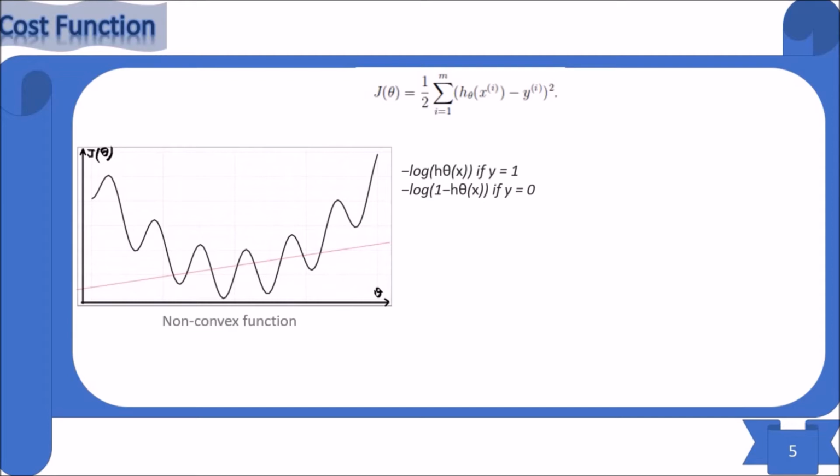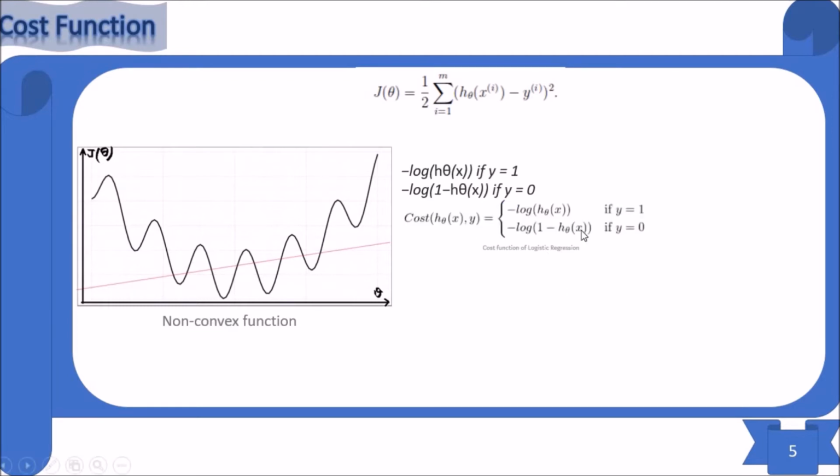For logistic regression, the cost function is defined using minus log of h theta x if y is 1, and minus log of 1 minus h theta x if y is 0. This is the cost function for logistic regression.